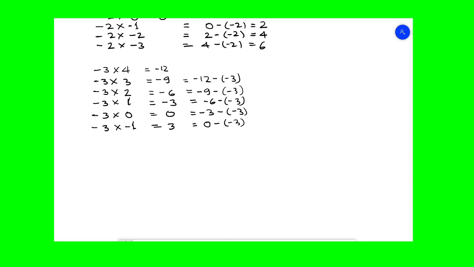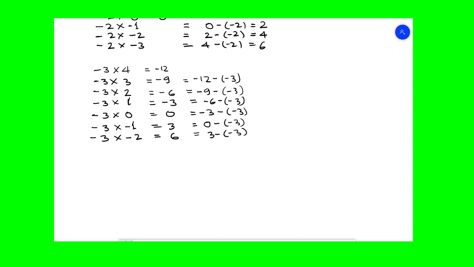So this is equal to 3. Now minus 3 multiplied by minus 2. This is equal to, I am putting up 6. But how we prove it? We take the previous figure, 3 minus minus 3. We are just repeating the pattern. So what we are getting? 6.